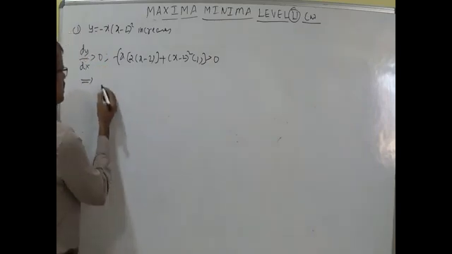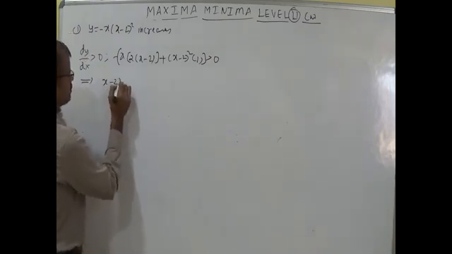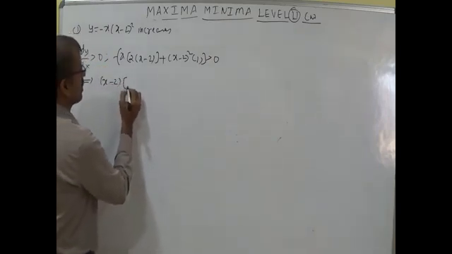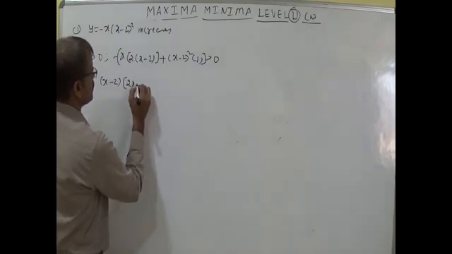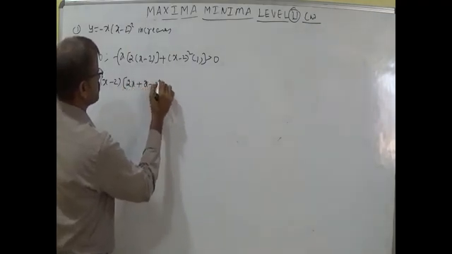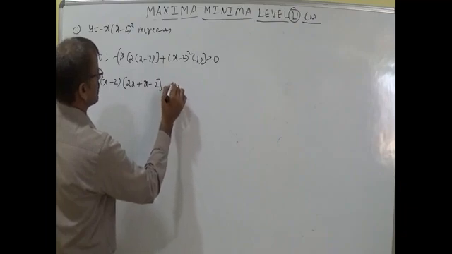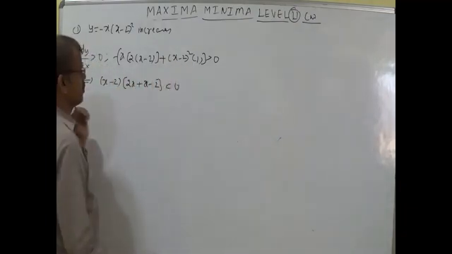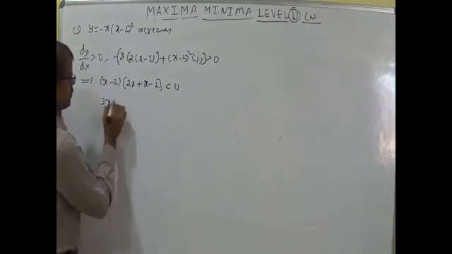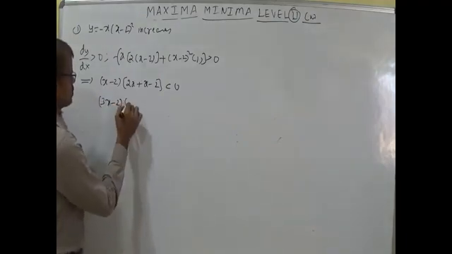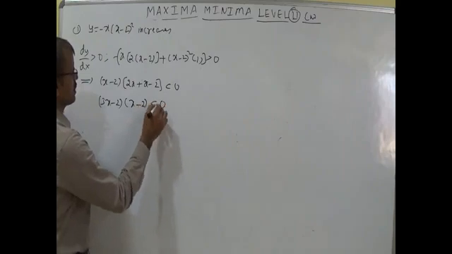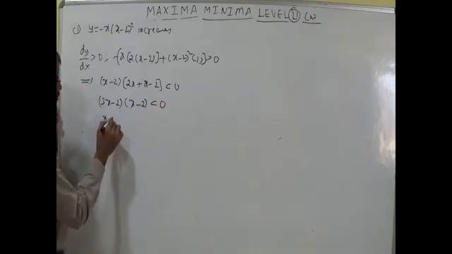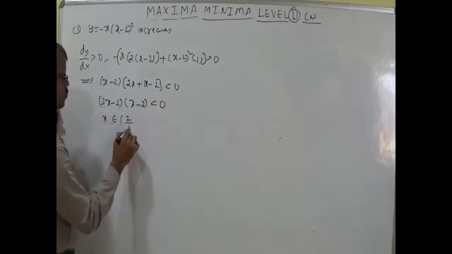Better to take x minus 2 common: 2x plus x minus 2 less than 0, multiplying both sides by minus. So here we can write 3x minus 2 into x minus 2 less than 0. Therefore x belongs to the open interval.